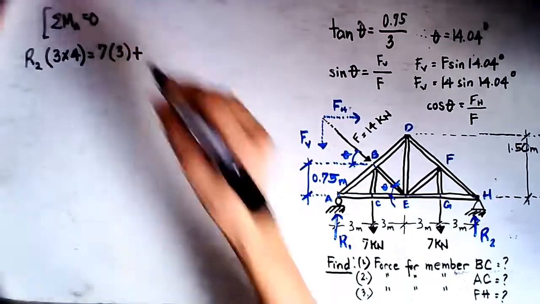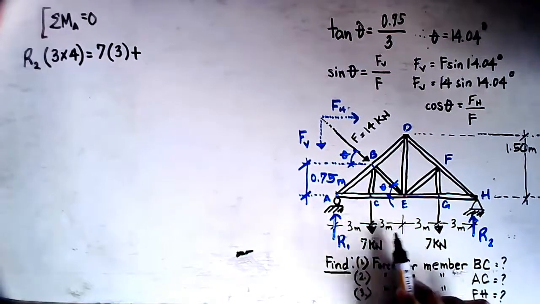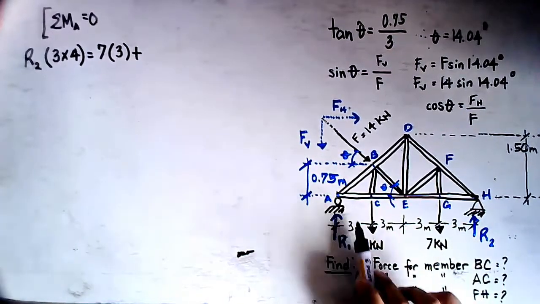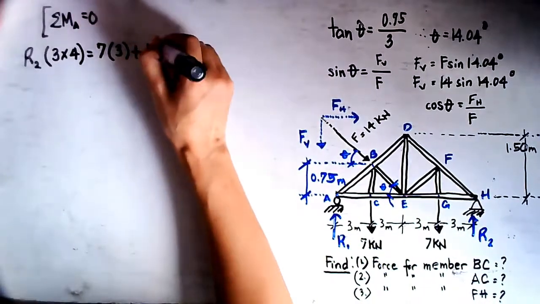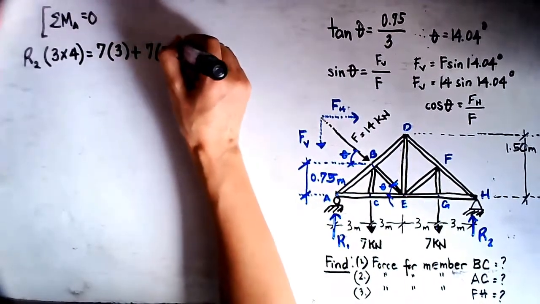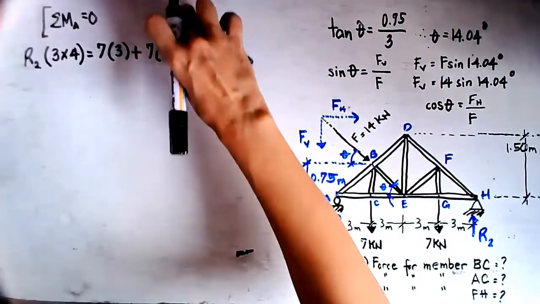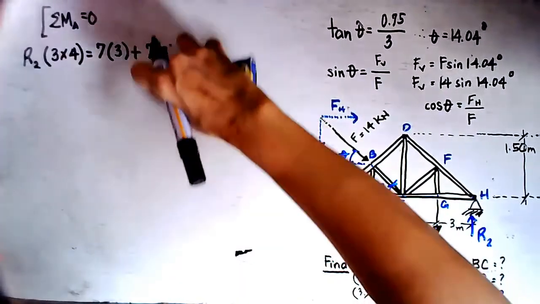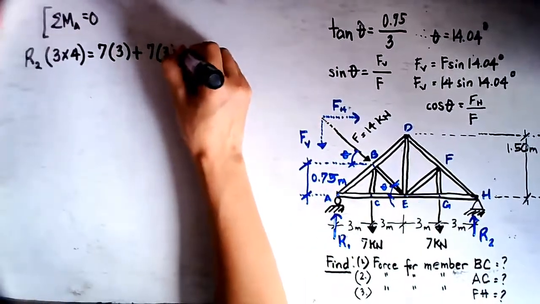Then we have another 7 kilonewton, whose distance from point A is 3 times 3, that is 9 meters.